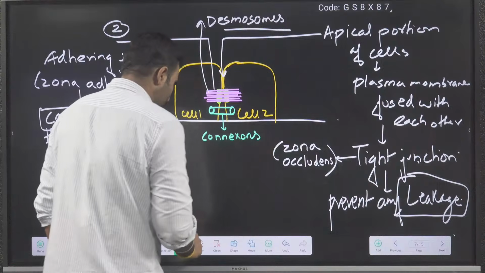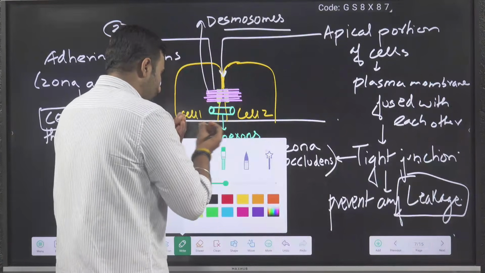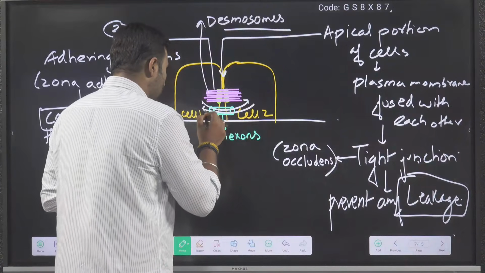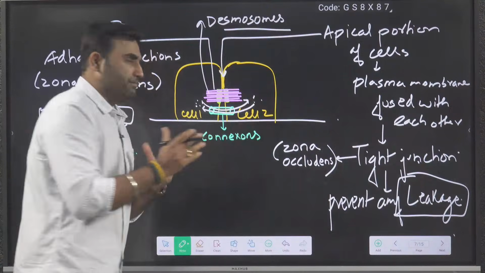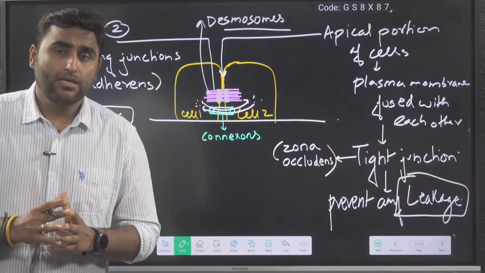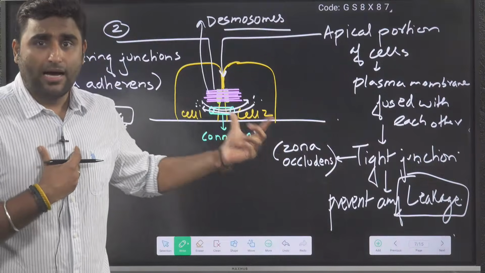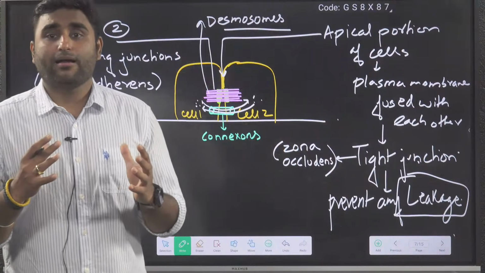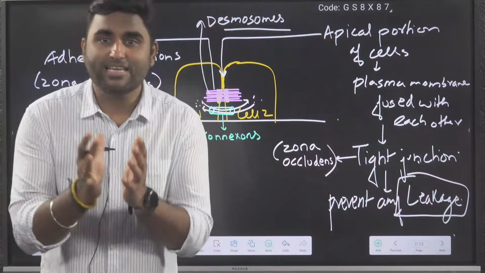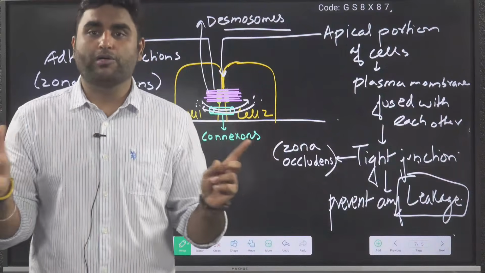These connexons allow small molecules and ions, sometimes slightly bigger molecules, to pass from one cell to another cell, meaning rapid ion and molecule transfer. These connexon tunnels are bridging the gap, connecting the two cells for rapid ion and molecule transfer.